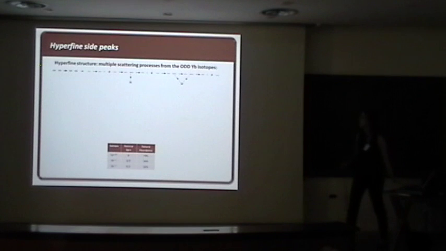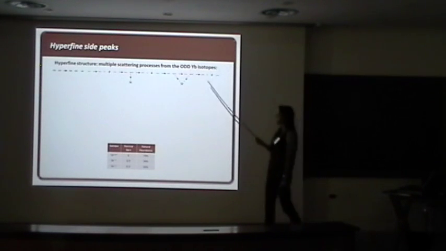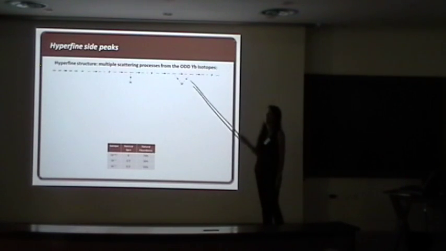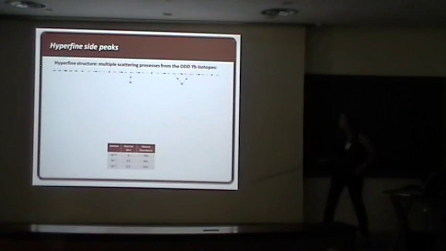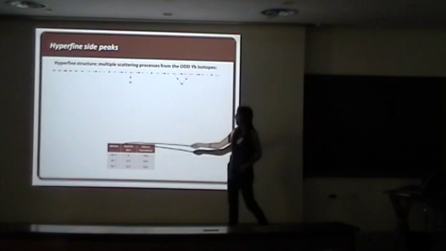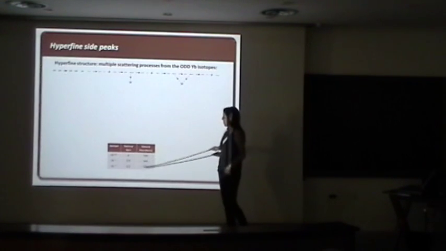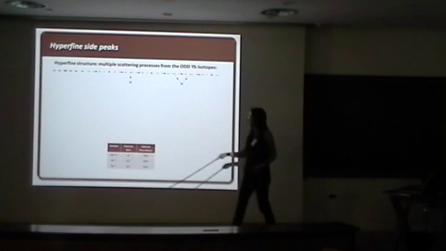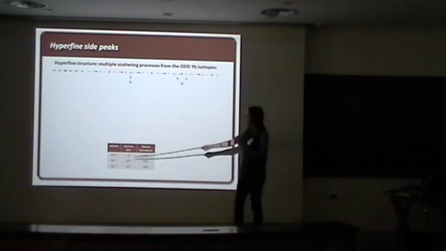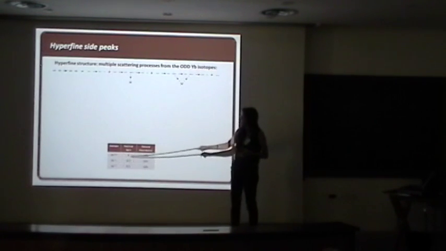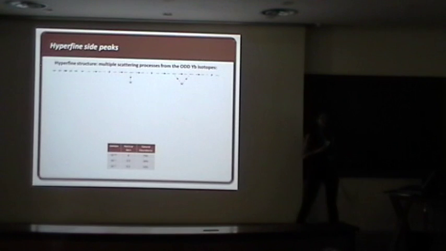I also can explain why this hyperfine structure appears. Because in these materials we have different isotopes of the terbium, and we have a small concentration of nuclei with an odd number of nucleons. In particular we have terbium-171 with nuclear spin 1/2.